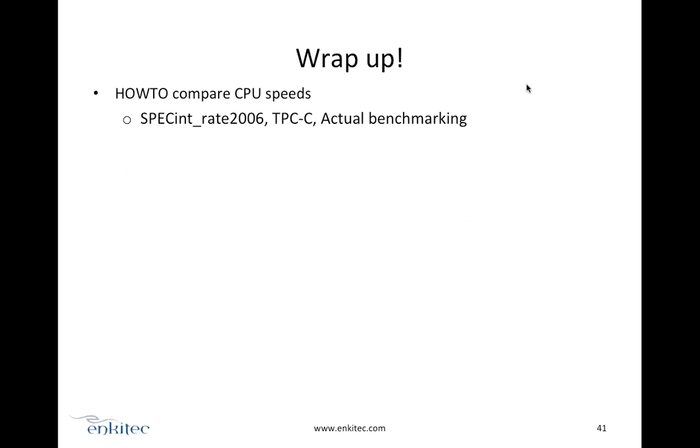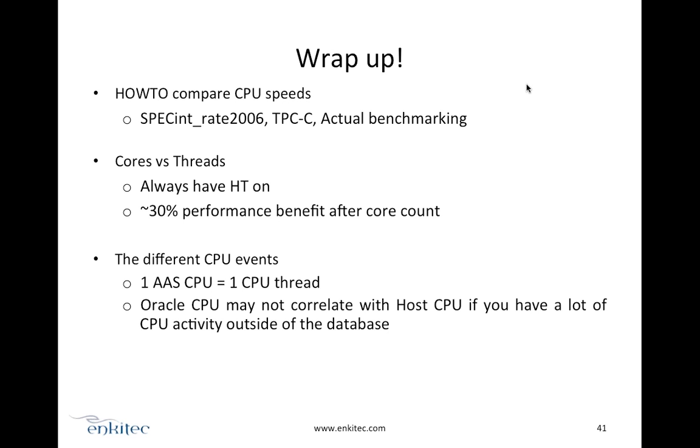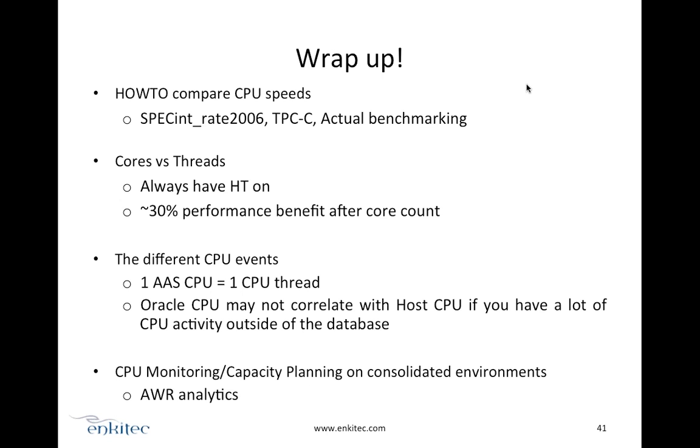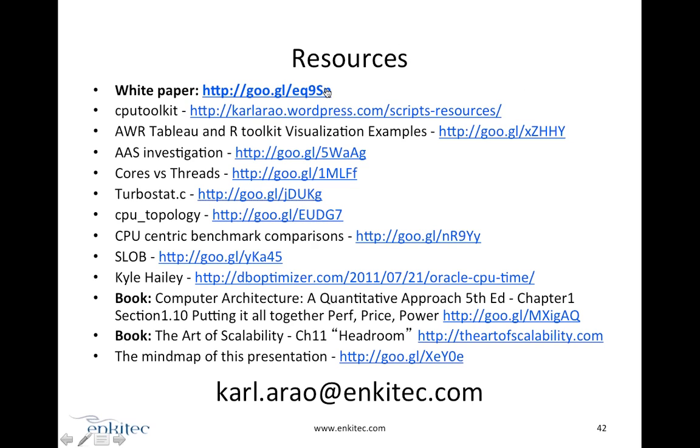So I've already shown you the CPU usage per host, all right, and then I've already shown you the CPU redistribution across nodes. So I'd like to wrap this up really quick. What I've shown you is the CPU foundation. So how do you compare CPU speeds, right? And then I've shown you the different CPU events.